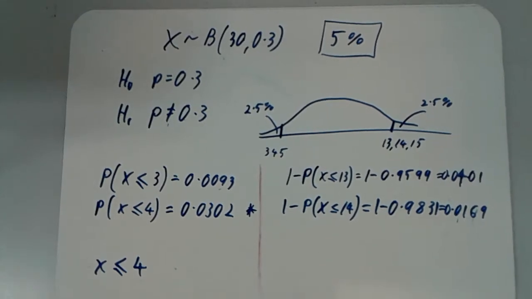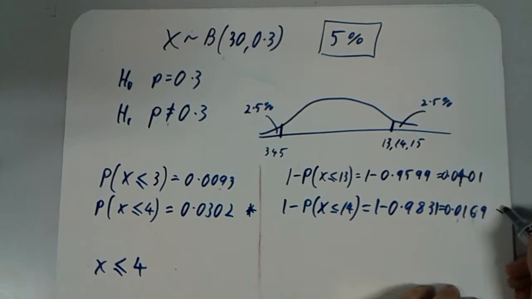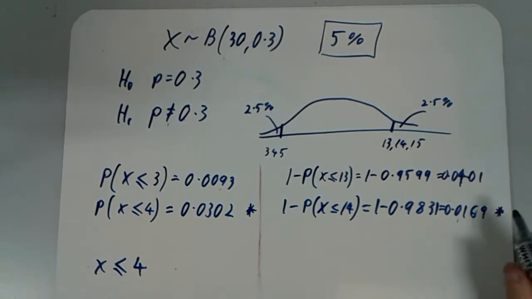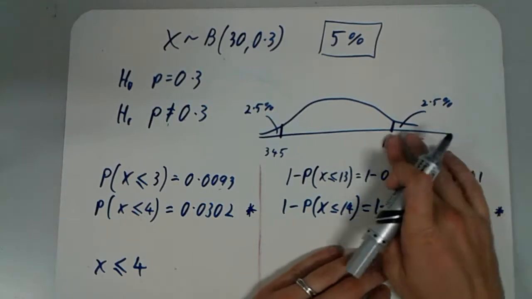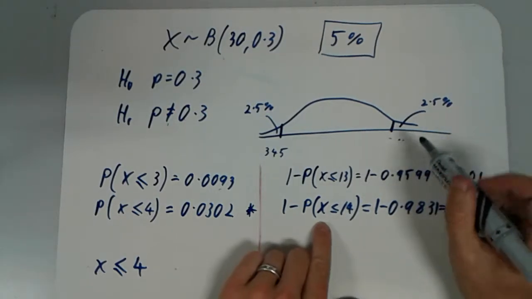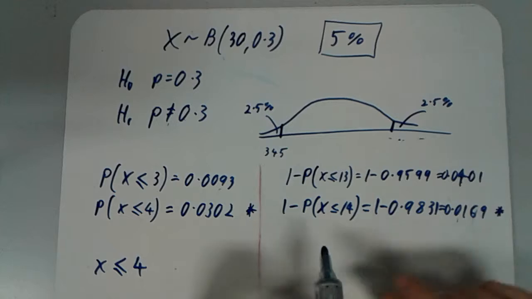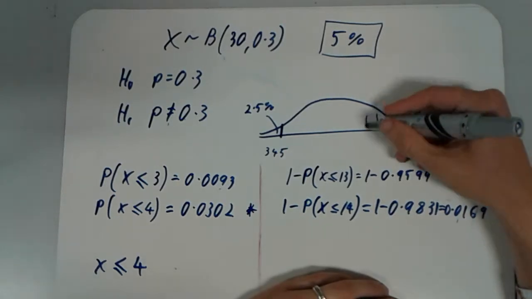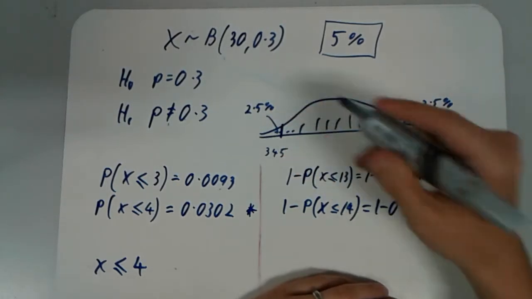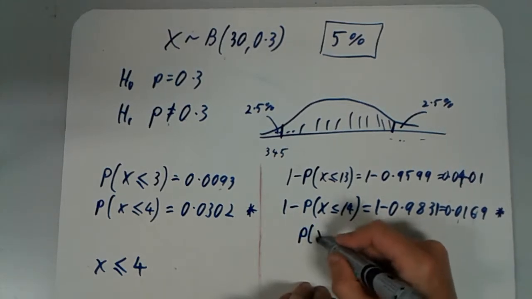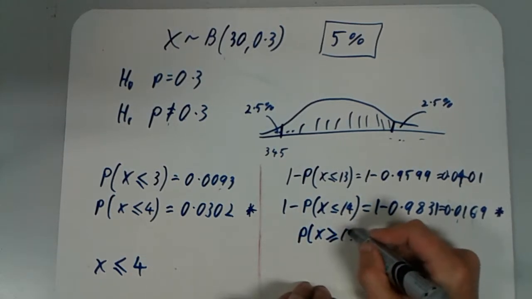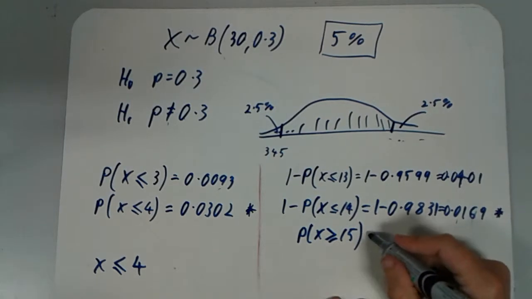Okay, so again, going for the one which is closest to 2.5%, that is this one. Our critical region here, remember, we've done 1 minus the probability that x is less than or equal to 14. So 14 is the first value that we've taken away. Therefore the probability that x is greater than or equal to 15 is what we're left with.